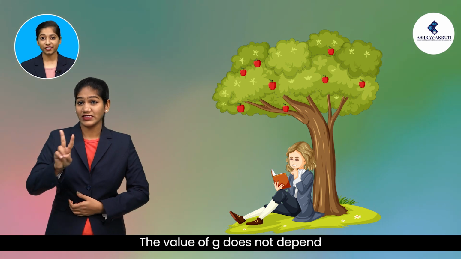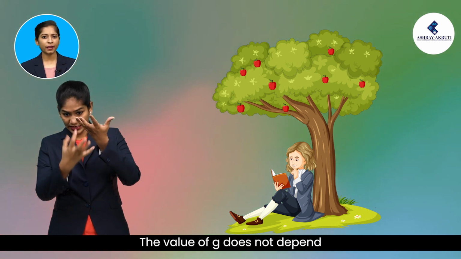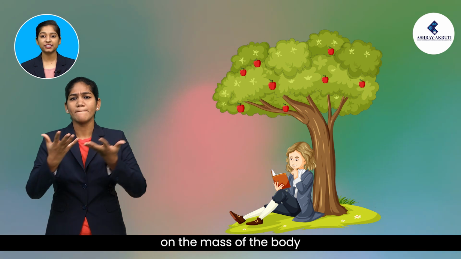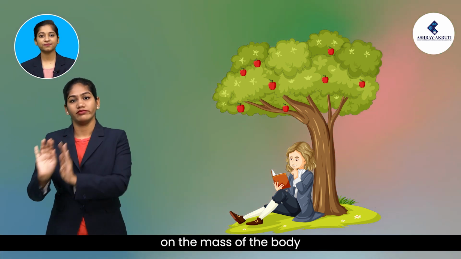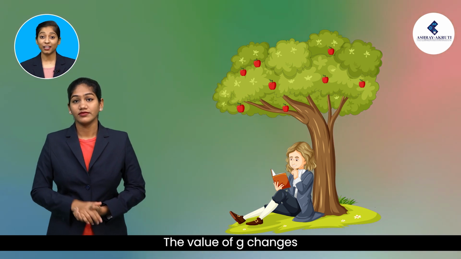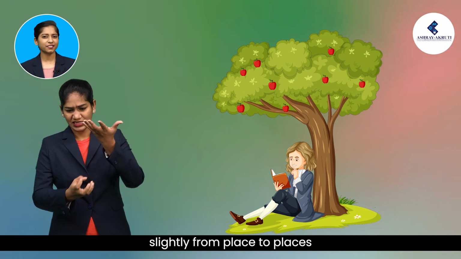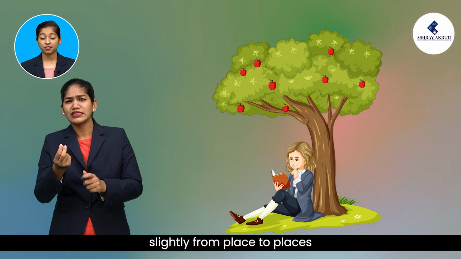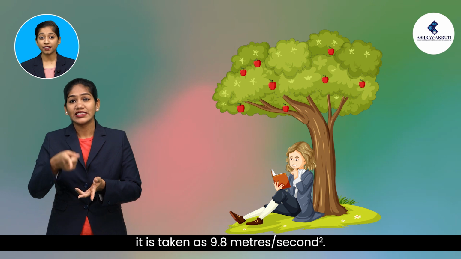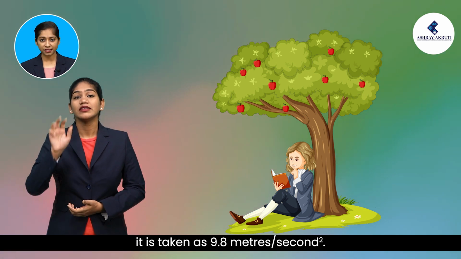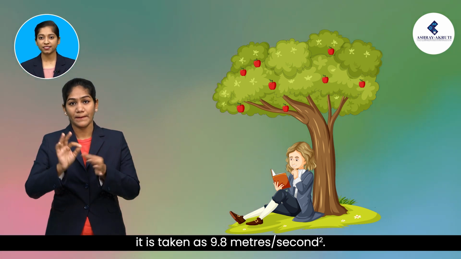The value of g does not depend on the mass of the body. The value of g changes slightly from place to place, but almost everywhere it is taken as 9.8 meters per second square.